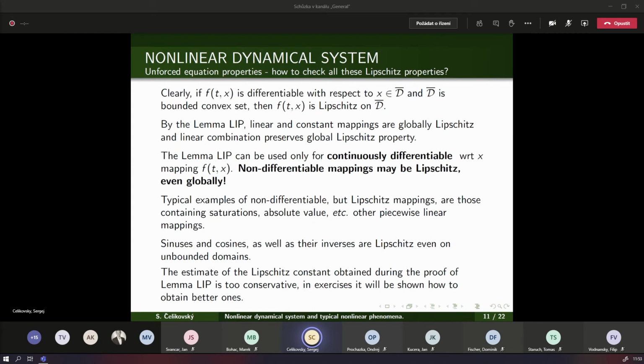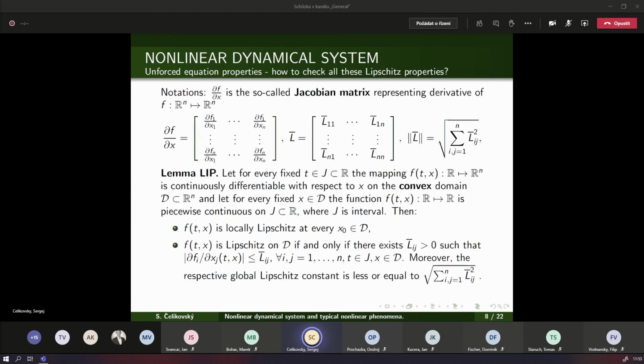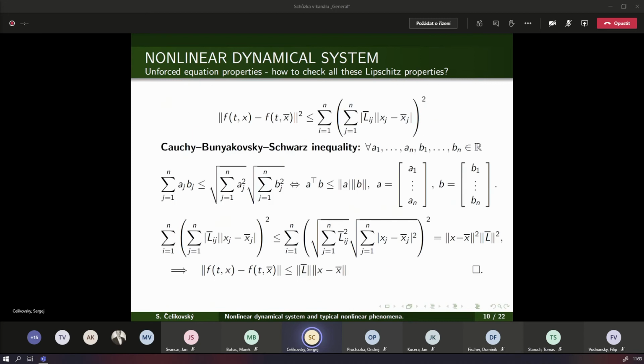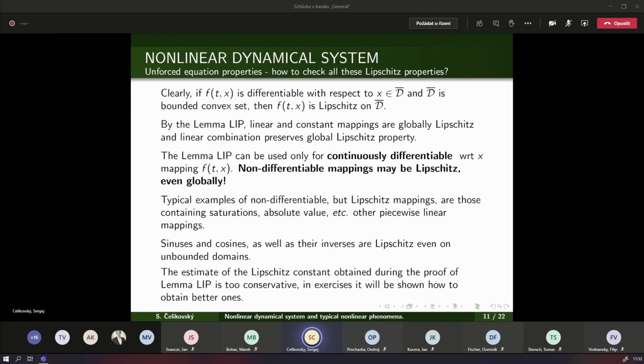You will see that if you apply this lemma, you will obtain a not so good Lipschitz constant compared to the one shown by Khalil, which is nothing surprising. Here we use just very general information about the system, and if you have a particular system, then you may always achieve something less conservative.